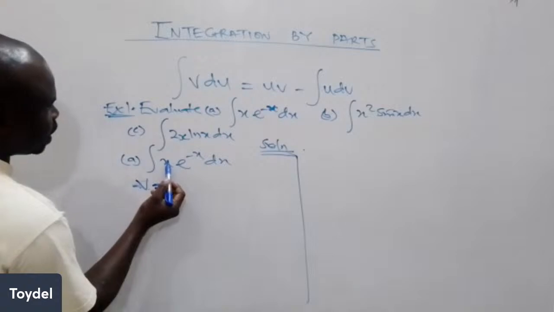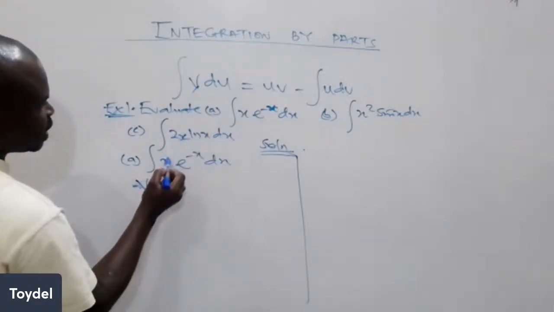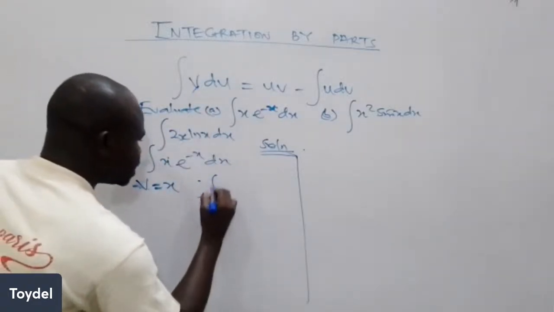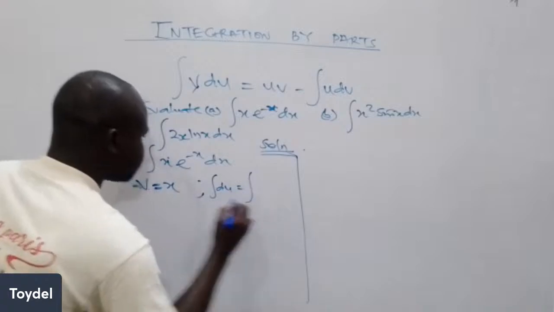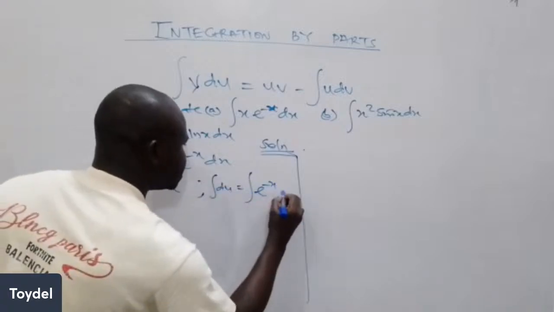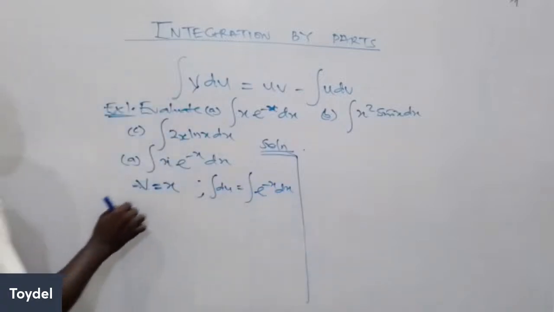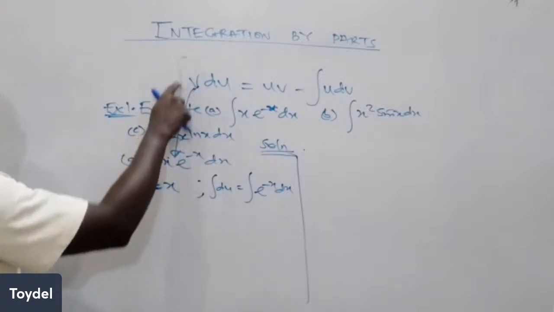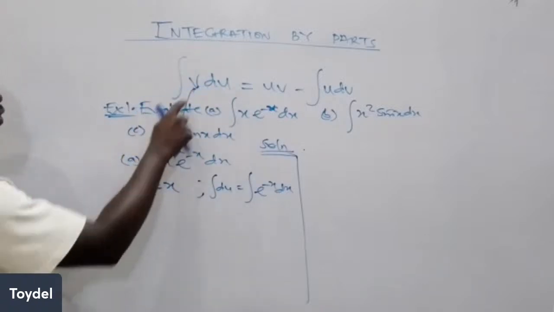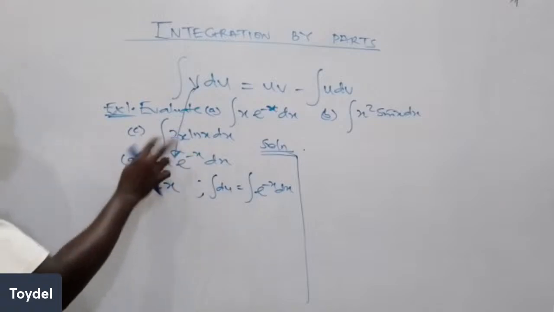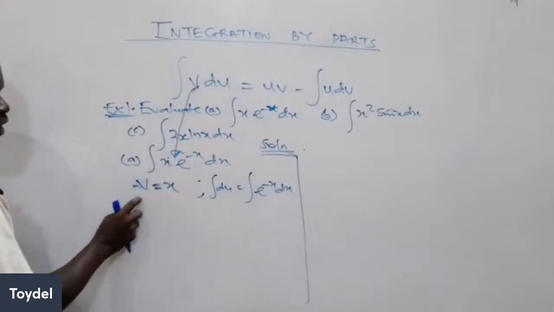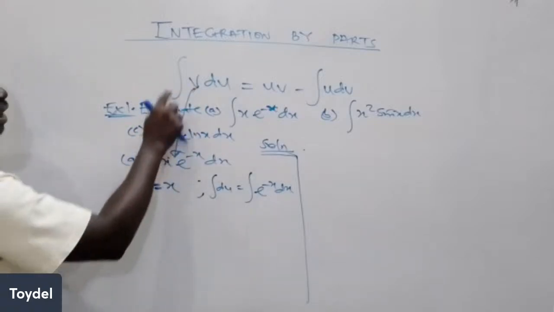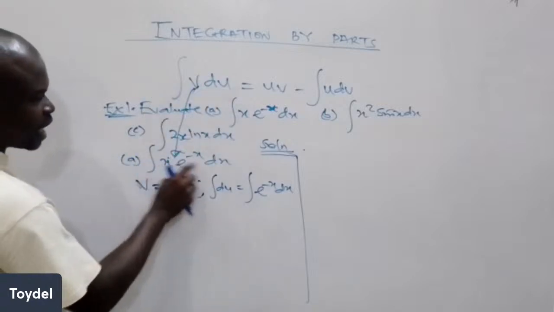Then once we call v x, the integral of du will be the remaining thing, that will be e^(-x) dx. Compare these two. What is the formula? The integral of v du. So the first one, v is equal to x. If v represents x, then the integral of du is going to represent the integral of e^(-x) dx.